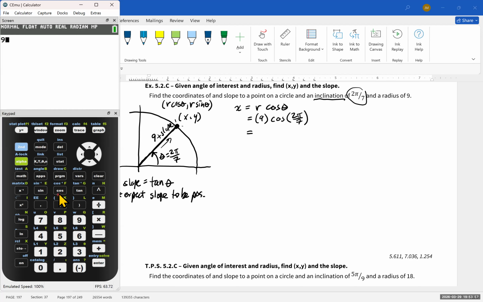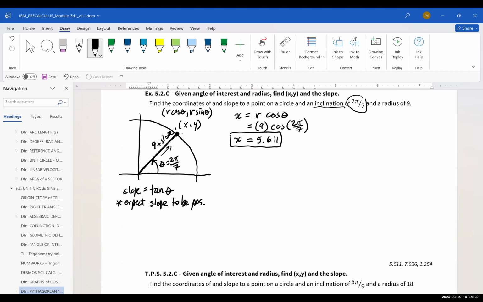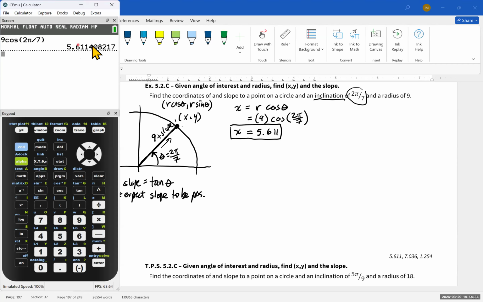Okay, so we want 9 cosine of 2 pi divided by 7, and pi is in blue here. And we get 5.611. So that's the x coordinate right there. I'm going to do a little trick here because I don't want to work with rounded values.